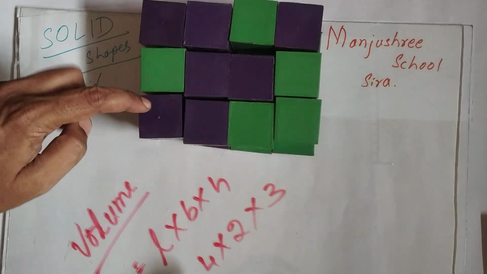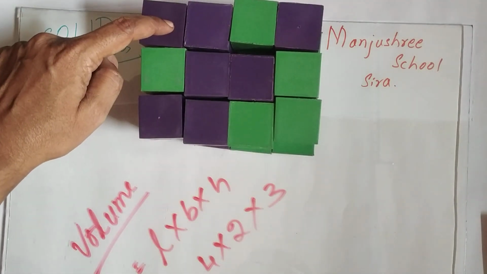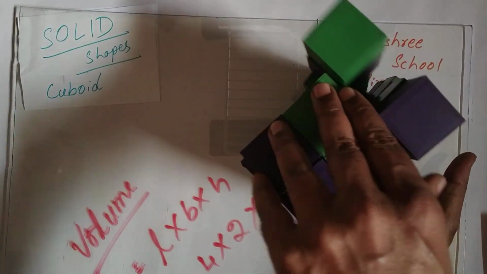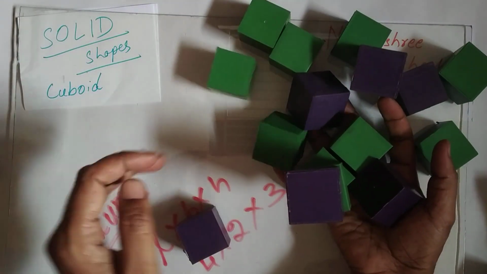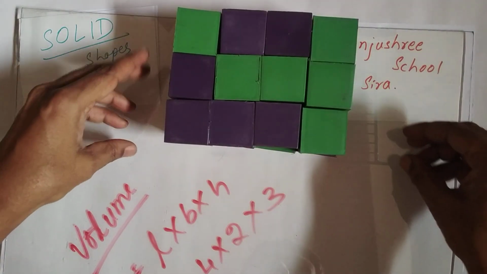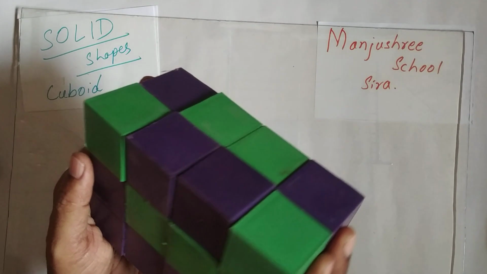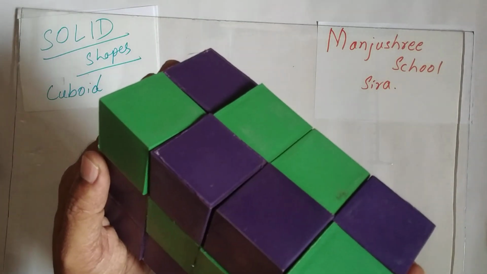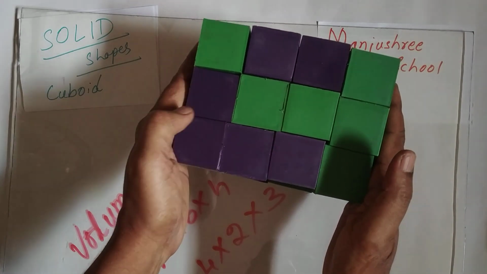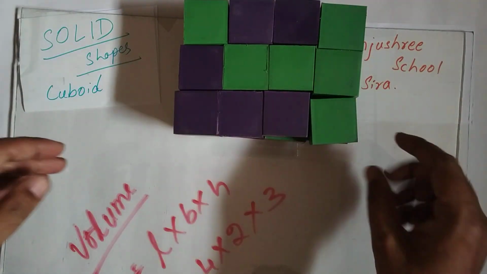This is the length. 1, 2, 3. This is the height, and you can see the breadth, that is 2. The breadth is 2, the height is 3, and the length is 4.